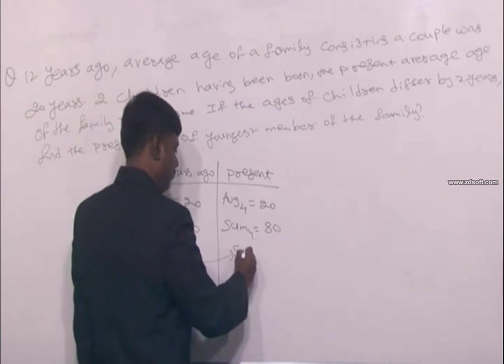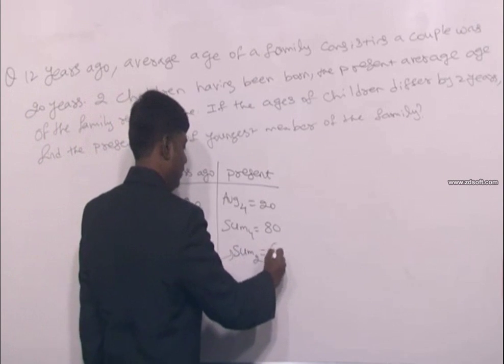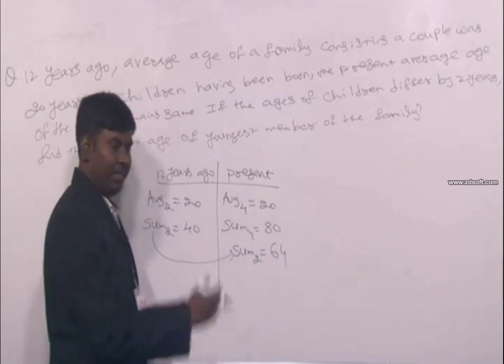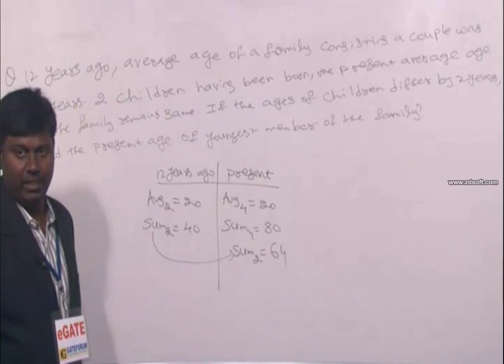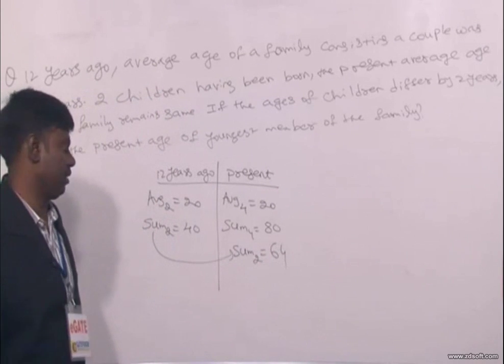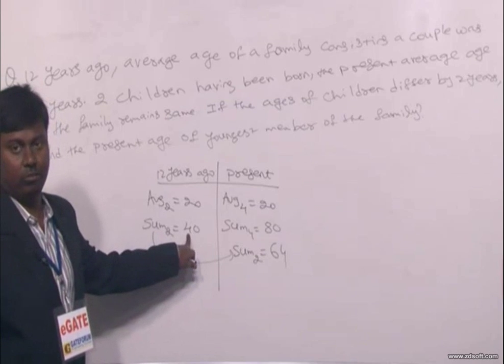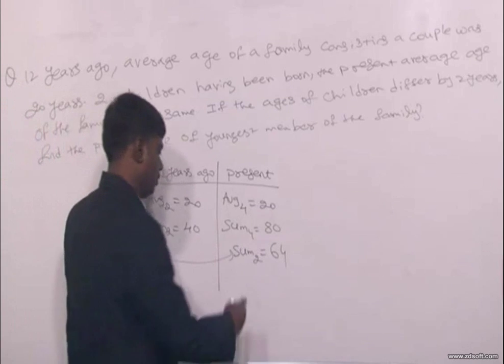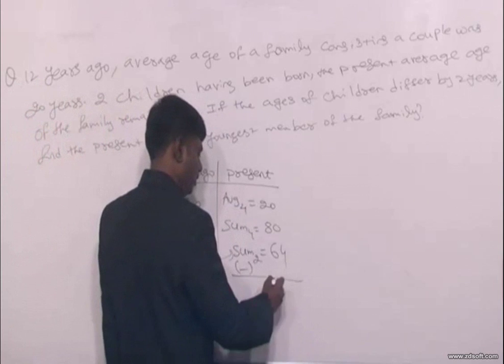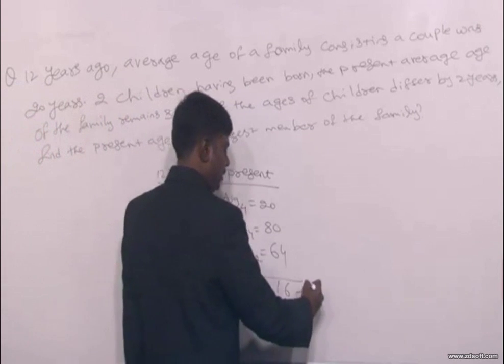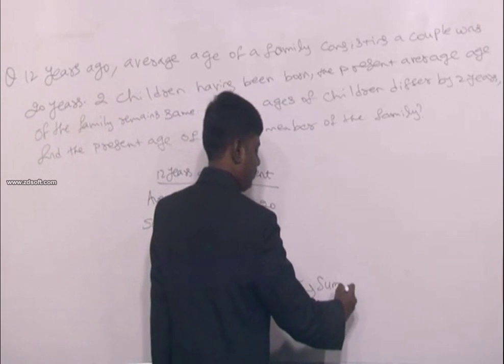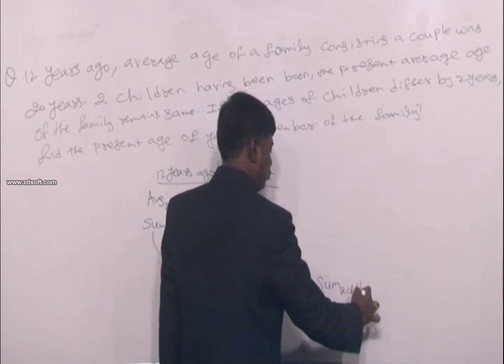So the sum of their ages will be 64. At that time their sum was just 40. Now their sum will be 64. So if we take the difference here, what is that? 16. What is this? Sum of ages of the 2 children.